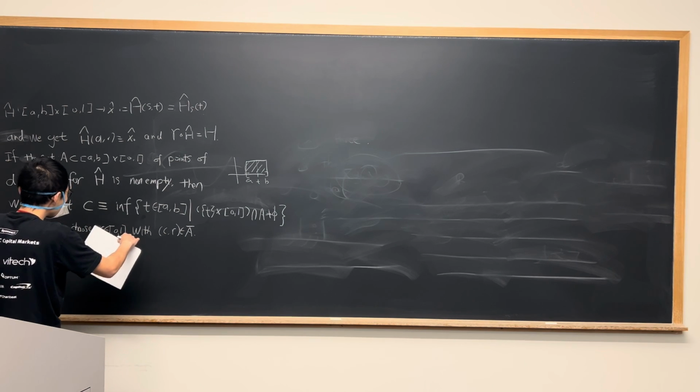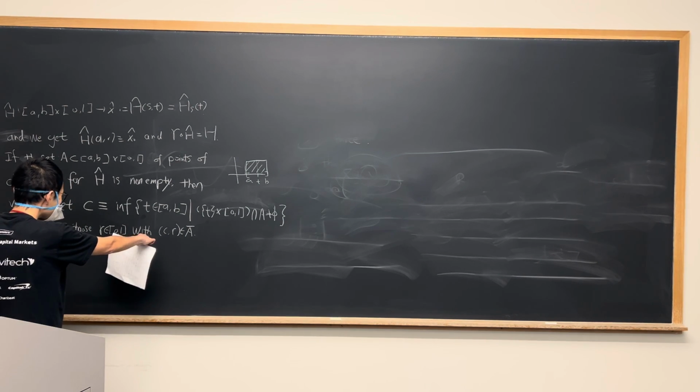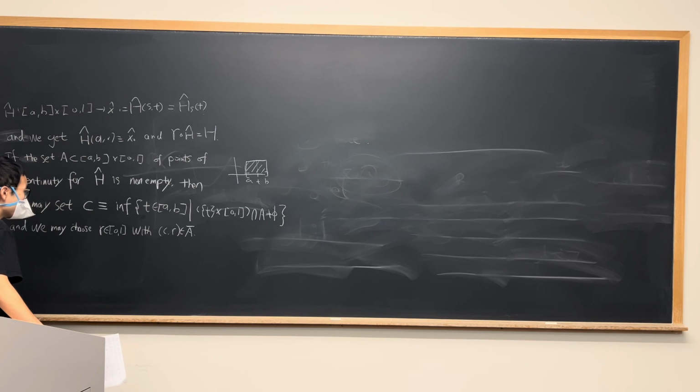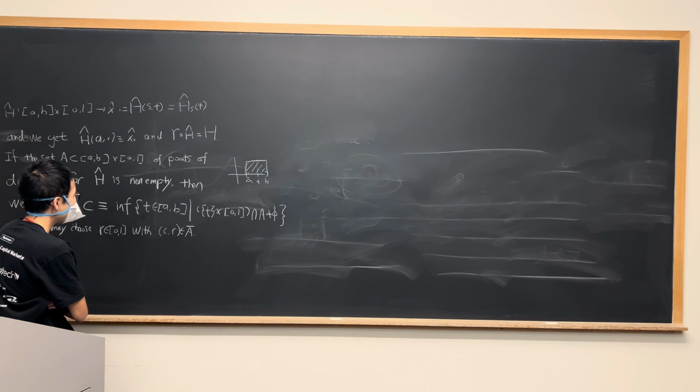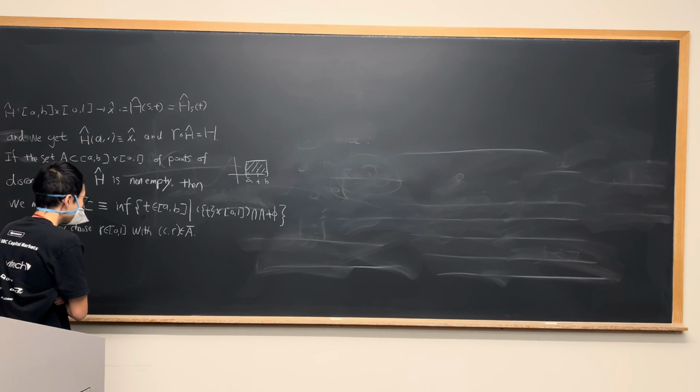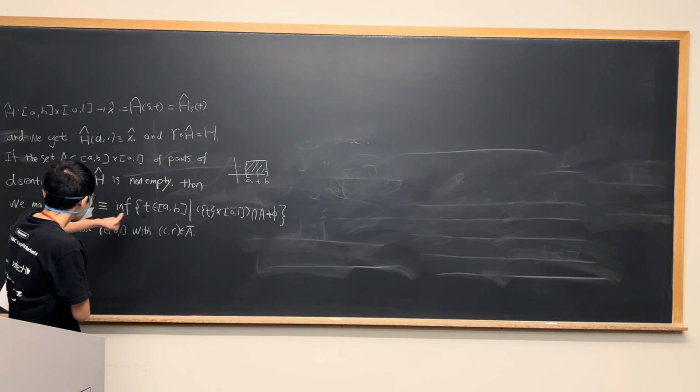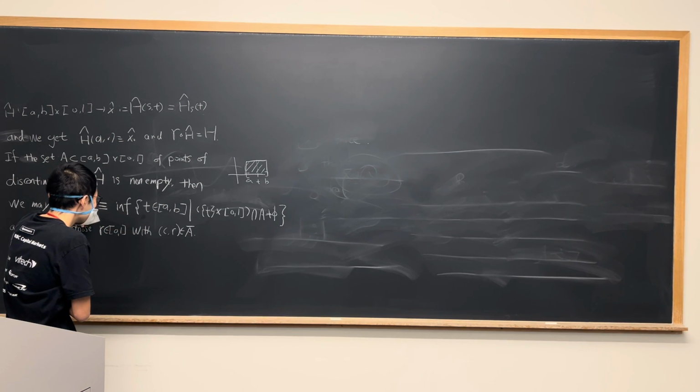So since C is contained in this AB, then Y is contained in the A closure. Let's see. Y is contained in C closure. Since it's the infimum, but why? Basically, the idea is that this C is the infimum, right?